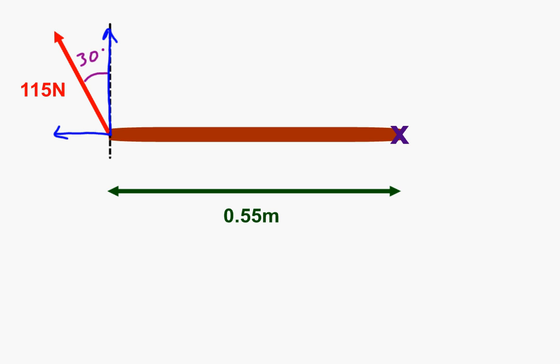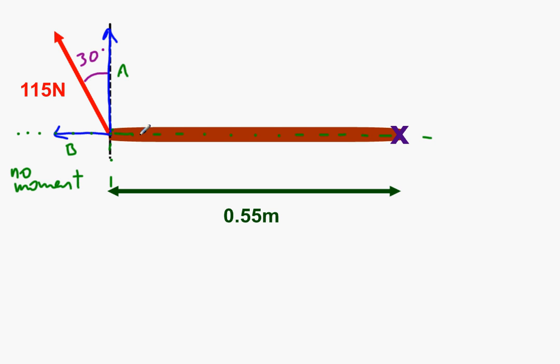Now if I resolve that into two components, if we call them A and B, component B, the line of action of that component goes straight through the pivot. So there's no perpendicular distance, there is no moment from component B.